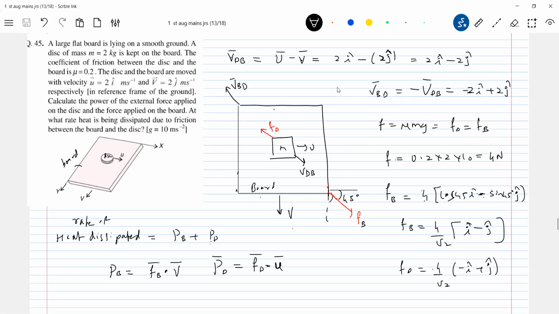So FD dot U, with FD dash, so you should assume a force opposite to FD. Clear. Then the velocity U of the disk will remain constant. You should apply a force F1. If I write here, you'll get confused, so I'll write it separately here.